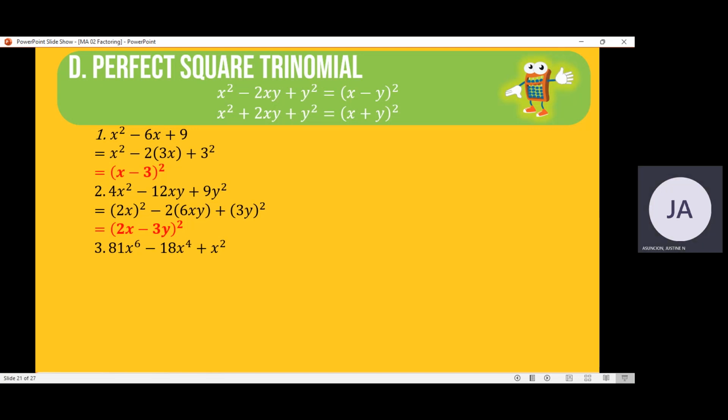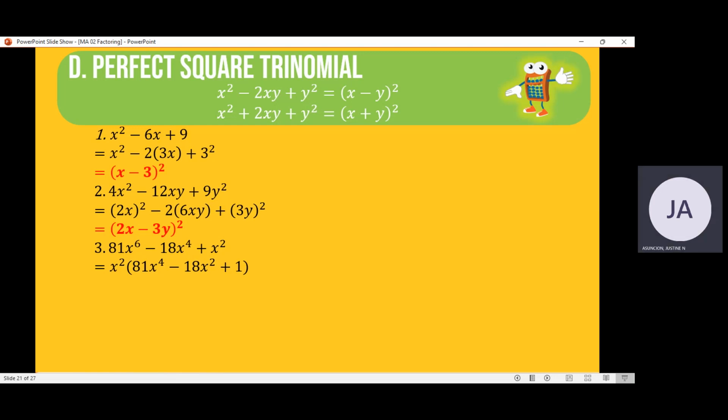But let's look at the given polynomial. We can identify that there is a common monomial factor on each term, which is x squared. So let's factor out x squared. So we'll have x squared times the quantity 81x^4 minus 18x squared plus 1.